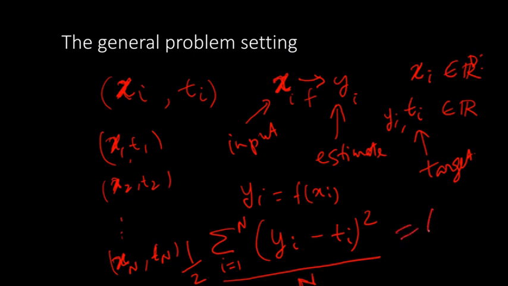We will call it L. And this loss function is something that we want to minimize. There are other choices for this loss function, such as taking the absolute value of the difference between yi and ti as opposed to the square.